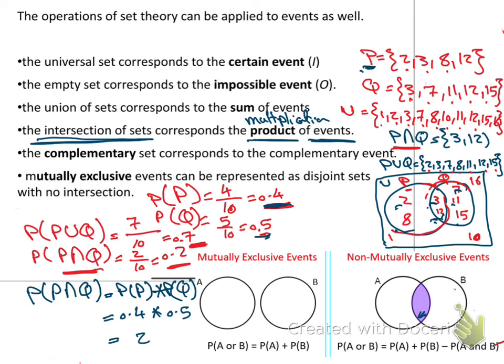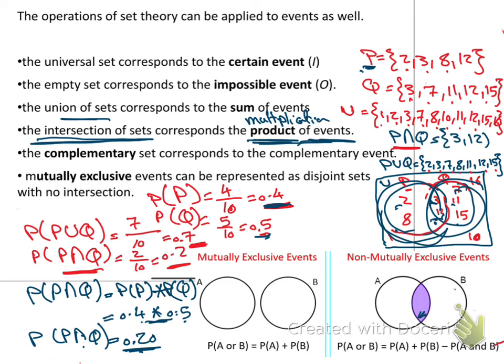So 4 times 5 equals 20, and with the decimal after 2 points, it will be 0.2. So the probability of P intersect Q is less chance because only two numbers, not 4 like here or 5 like here. So intersect will be the multiplication, the product of the events.